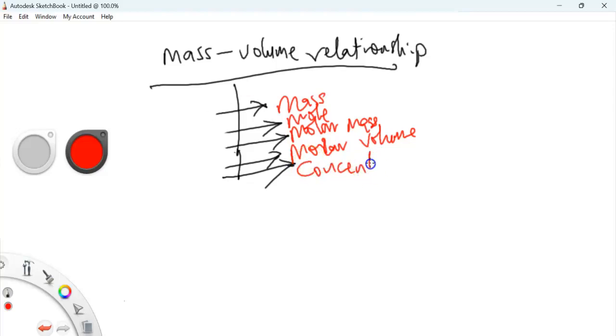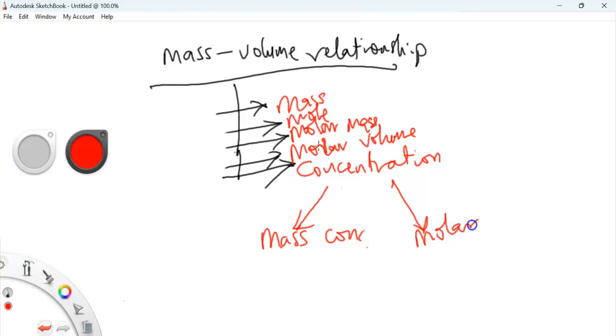The fifth one is concentration. And the way this concentration is defined, I told you that concentration can be either mass concentration or molar concentration.